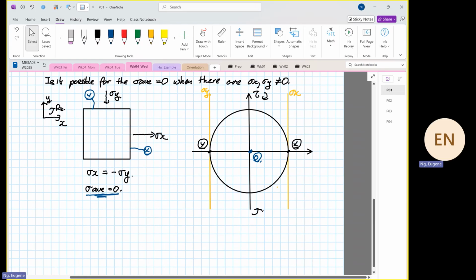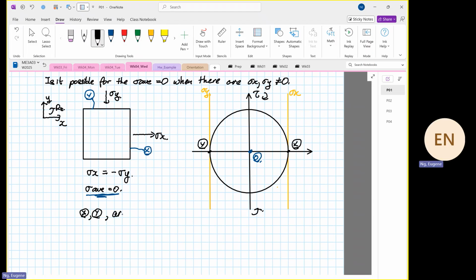Now I want you to focus on another point. Okay, so point X and point Y for this case are also known as principal stress. Okay, are also known as what? Your principal stresses. Okay, so the principal stresses, I'm going to label this as stress 1. And over here at the same point is going to be stress 2.